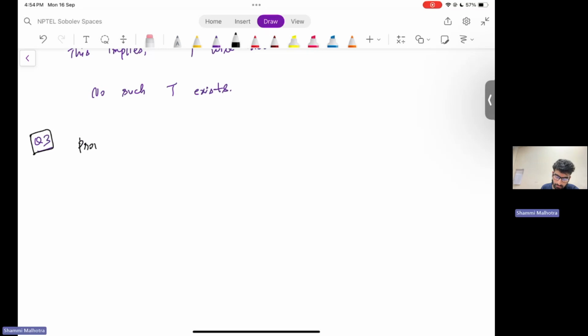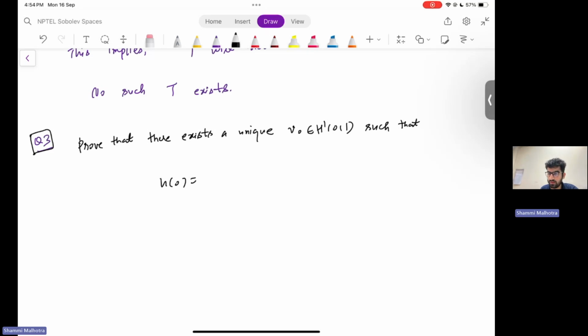Prove that there exists a unique v naught in H_0^1 such that u(0) is nothing but the integral from 0 to 1 of u dash v naught dash, and this holds for all u in H_0^1. It says H_0^1, so it's continuously embedded in continuous functions.